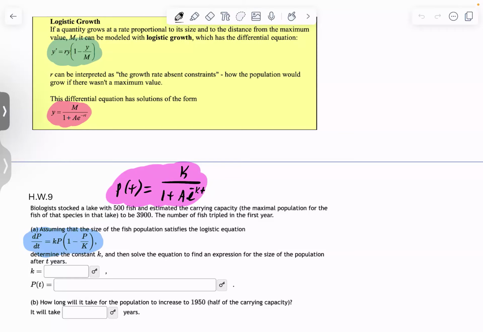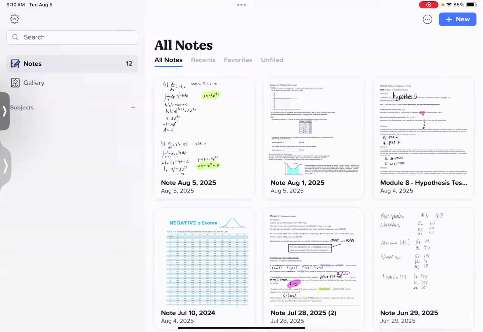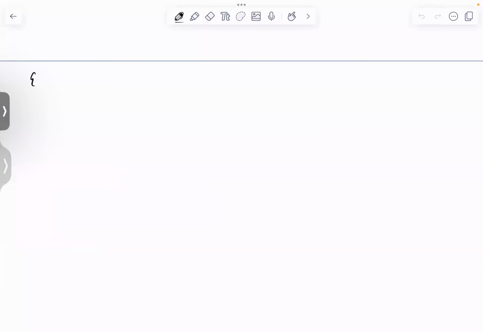And I'm going to go ahead and switch back to my notes, but I just want to point out that they're the same two formulas. One's a differential equation. The other one is the solution. But they used slightly different letters. So hopefully it won't get us too confused. So let's go back to our blank sheet. And here is our logistical growth.